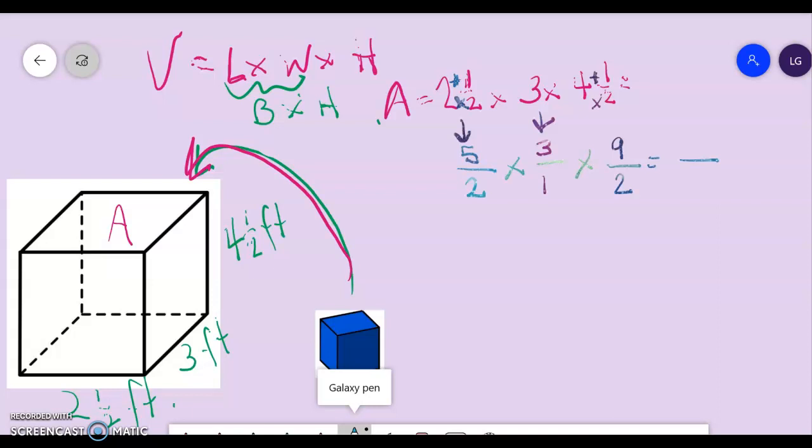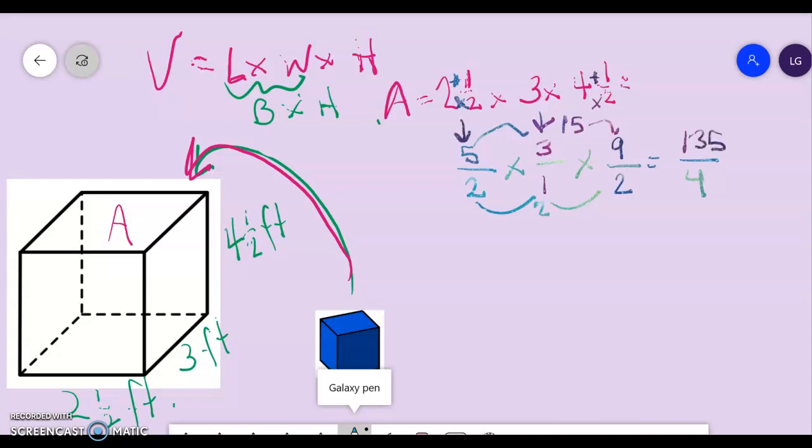So we're going to start with 2 times 1, which is 2. And then 2 times 2, which is 4. So our denominator for this part will be 4. Then we do that for the top part. 5 times 3 is 15, and then times 9, it's a big number, 135.